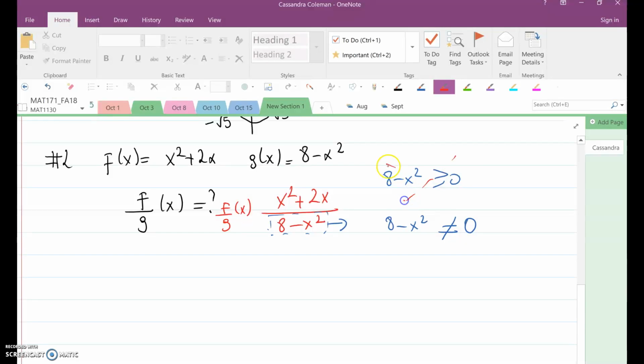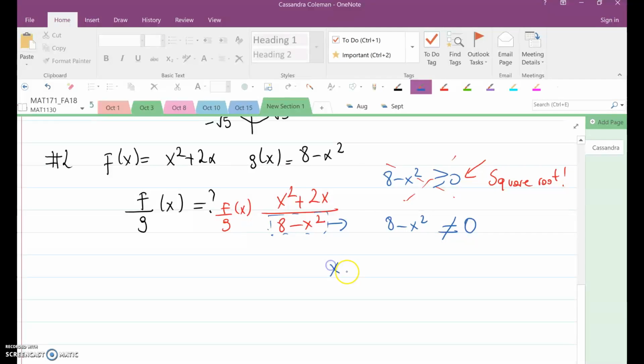Not this one. Why? Because this one, I used in a square root. I don't have any square roots here. So it cannot be equal to 0. Probably you have a different problem than me, Cassandra, so be careful. I think you should have 7 here instead of 8, but you will be using the same technique. So then it can't be equal to 0.